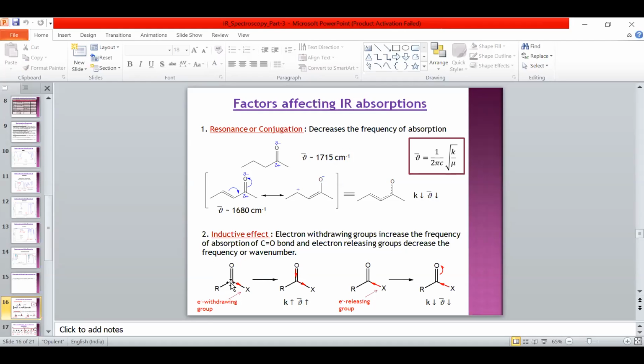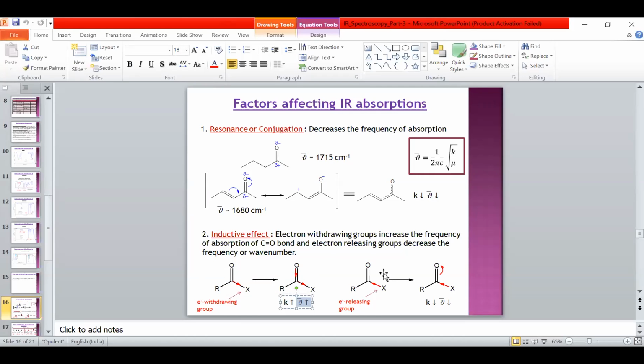So the pi bond density is not going to oxygen, but it is coming over to the carbon, leading to strengthening the double bond even to a higher extent. Because the double bond extent is more, that means the bond strength or the K value has increased, which ultimately leads to an increase in the frequency of absorption of this CO bond.